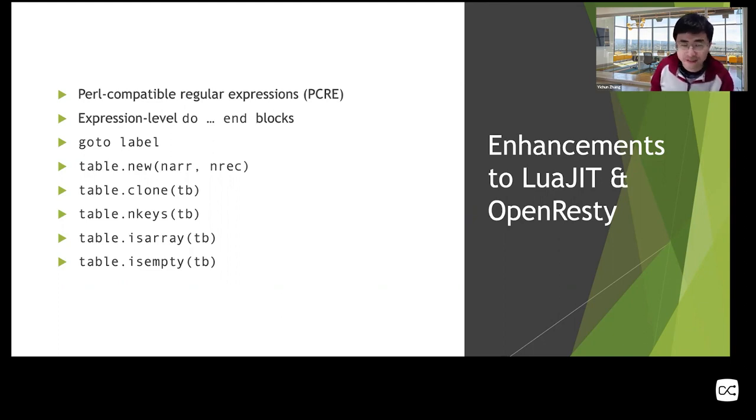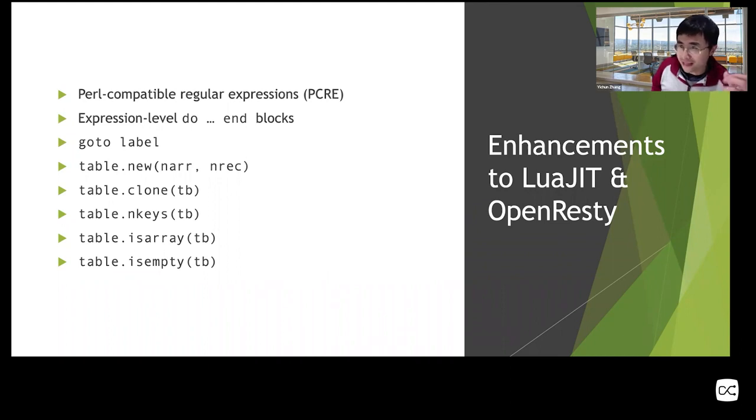So it can efficiently test if a table is an array under the hood. Okay, I know the Lua language tries to hide everything behind the table, to make the table look like a generic dictionary, be it an array or hash table or whatever implementation it might be.